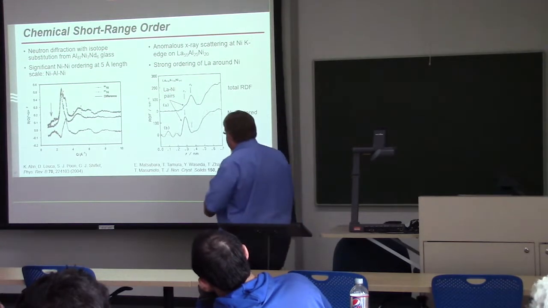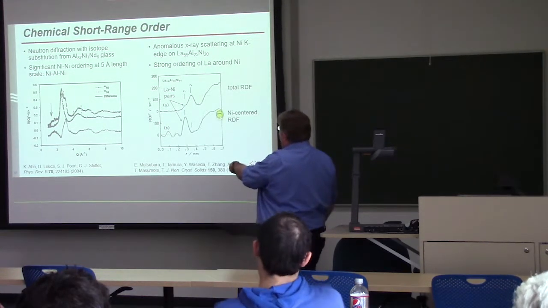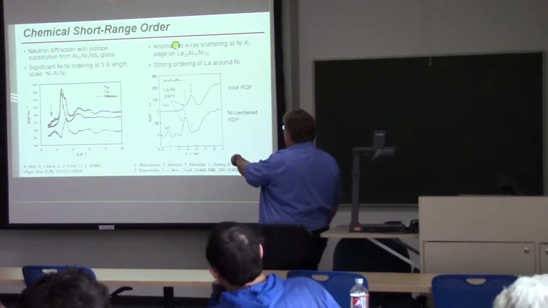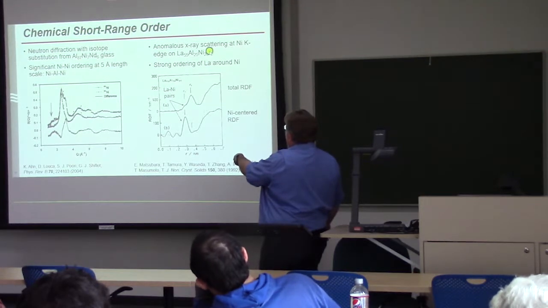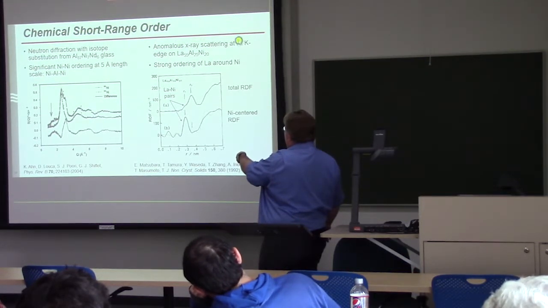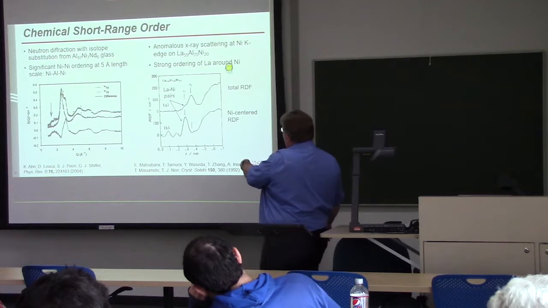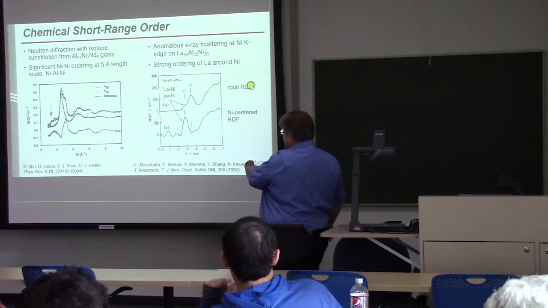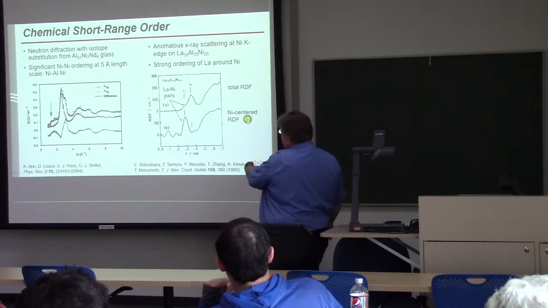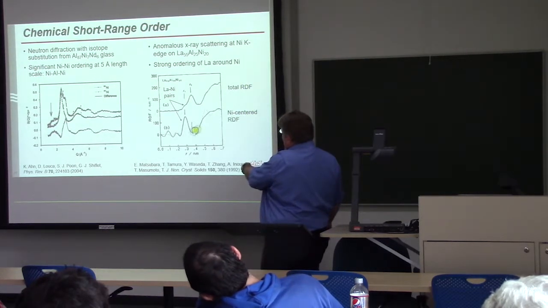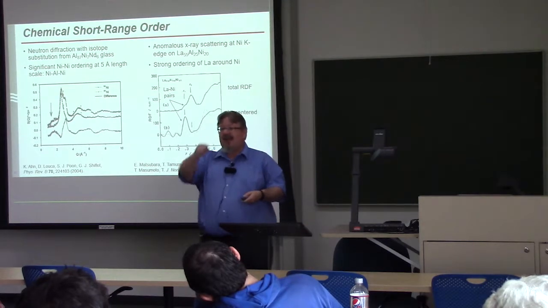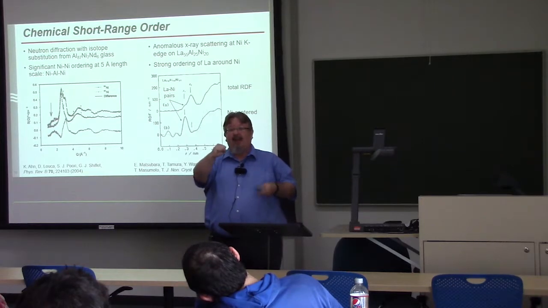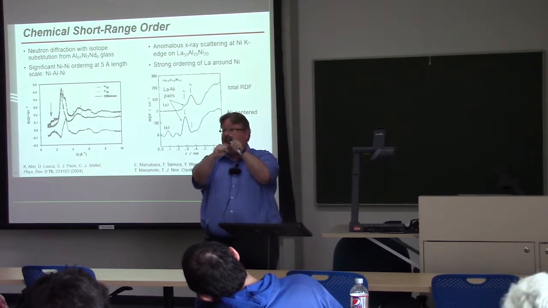So here are two examples. On the right-hand side, this is an anomalous X-ray scattering experiment on lanthanum, aluminum, nickel using anomalous X-rays at the nickel K edge. So the top trace here is the total radial distribution function. And then the bottom trace gives us the radial distribution function where we have now selected to have a nickel atom at the center of every one of our pairs of atoms.